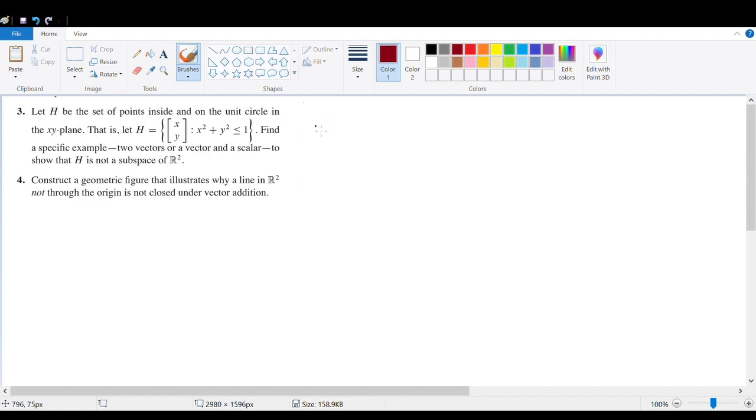Let u be in H. We want x squared plus y squared less than or equal to 1, so let us say x is 1 over 3 and y is 1 over 3. If we square them and add, the result is 2 over 9, which is less than or equal to 1.